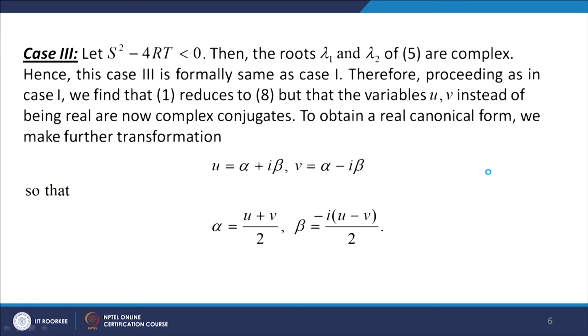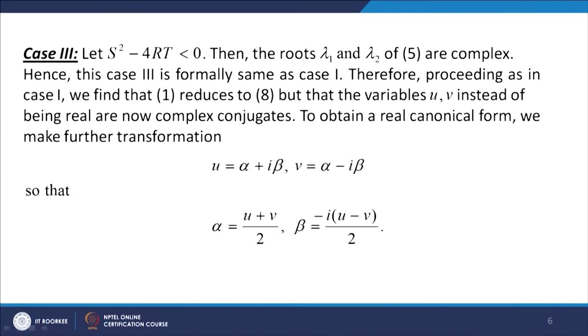Okay. Now, let us consider the third case when s square minus 4RT is less than 0. When s square minus 4RT is less than 0, then the roots lambda 1 and lambda 2 of the lambda quadratic are complex conjugates. Hence, in this case, the equation is formally the same as in case 1, where we had taken lambda 1 and lambda 2 to be real and distinct.